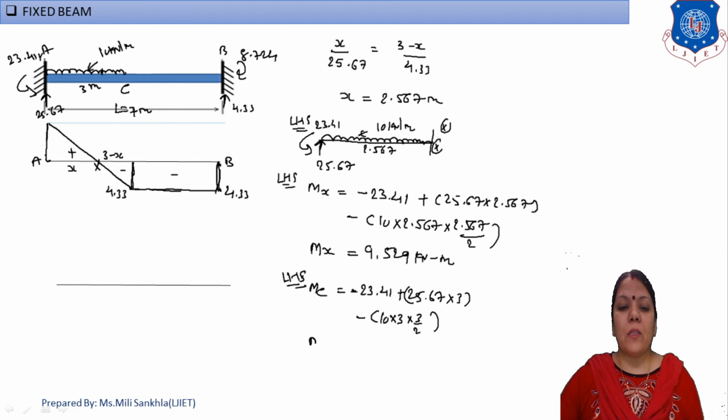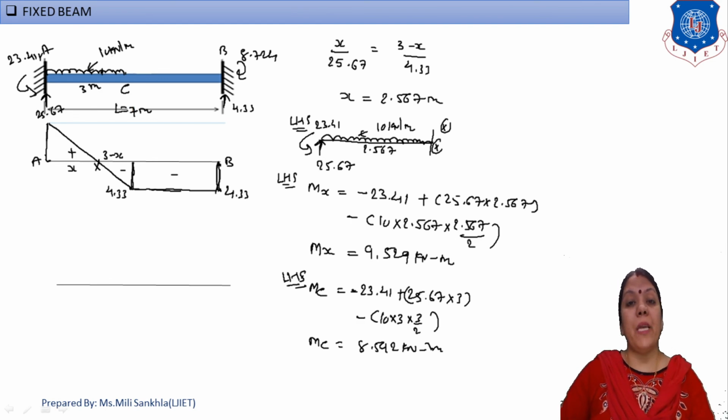My answer MC is equal to 8.592 kilonewton meter.